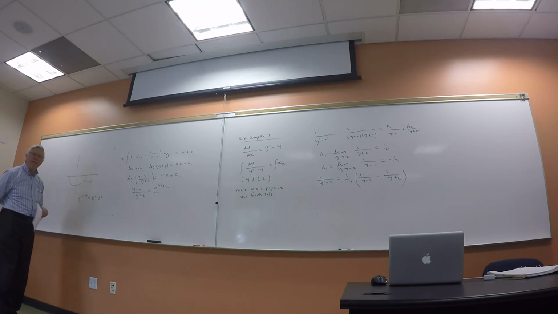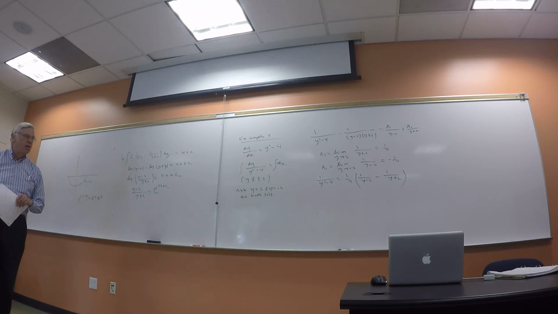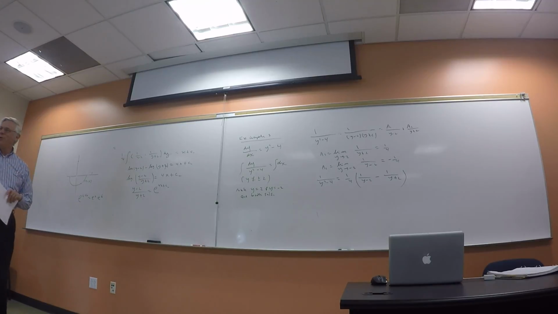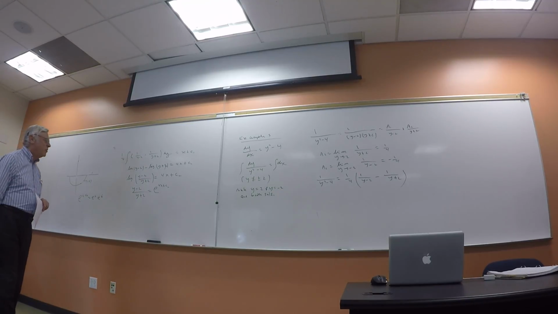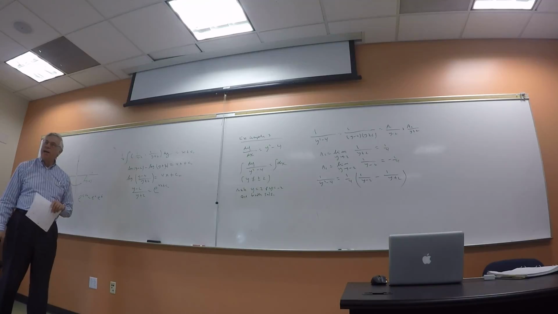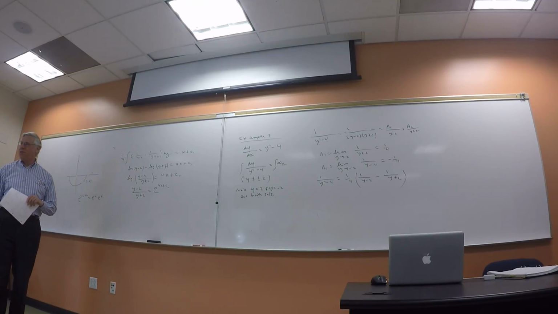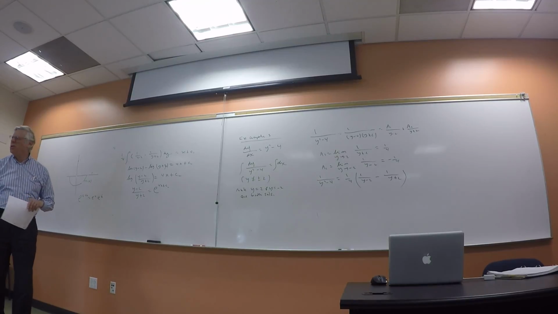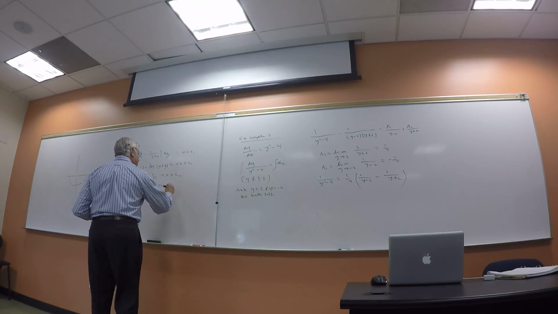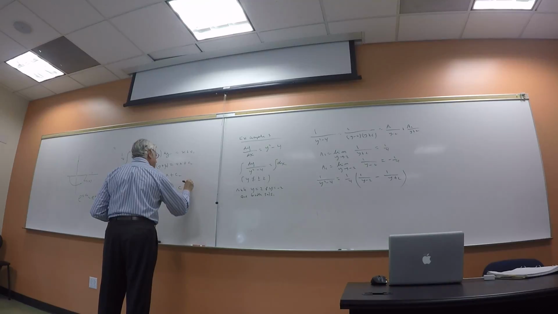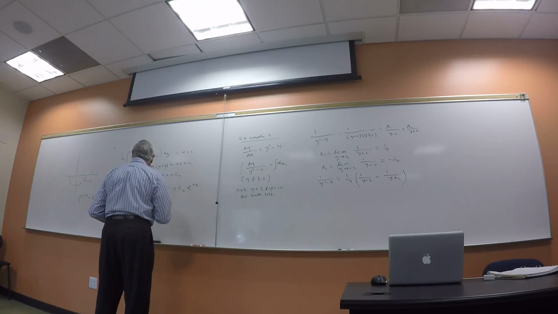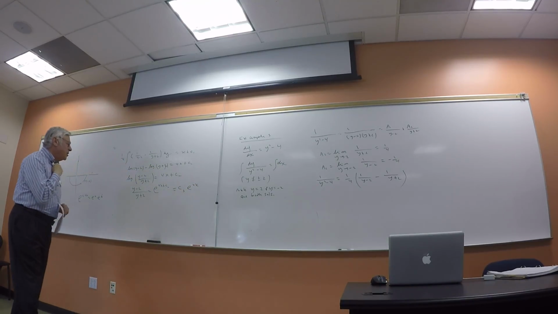Every term someone screws up on exams because they don't remember the laws of exponents. Okay? So e to the 4x plus C2 is what? It's e to the 4x times e to the C2. A lot of people put plus, and they get the whole thing wrong, okay? e to the C2, let's just call that C3, right? So some arbitrary constant times the exponential of 4x, okay? And the rest is just algebra.